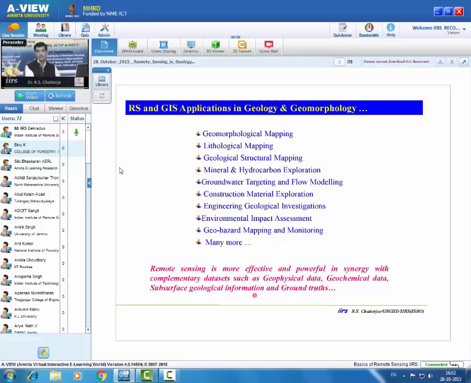There is no alternative to these ground truths and to other information like geophysical, geochemical and subsurface geological data. But remote sensing gives many first-hand information, and when we use remote sensing along with these, the dimension of the study increases manifold.